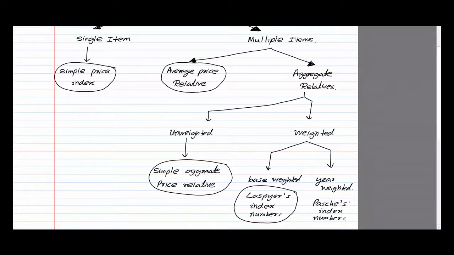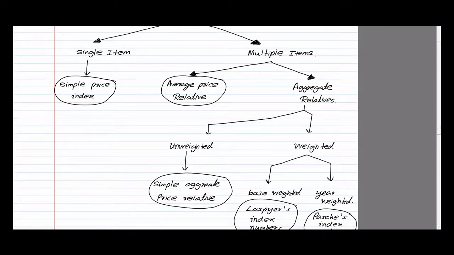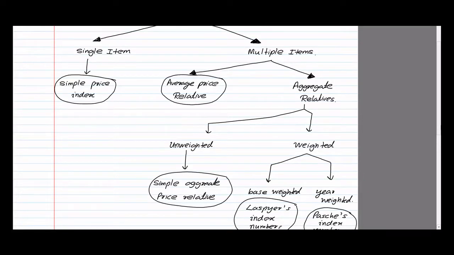Then you can see we are learning 5 types here. The circled ones are the ones we learn: simple price index, average price relative, simple aggregate price relative, last year index, and partial. This is for the price index. The same thing comes for the quantity index as well. Let's start with indexes for a single item.